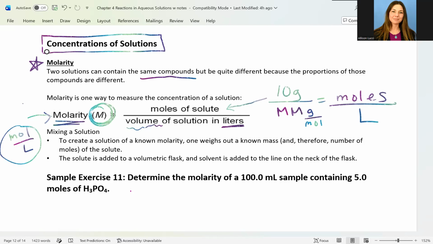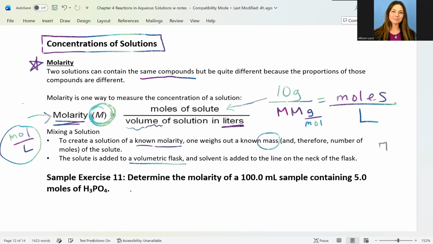And when we're mixing a solution, so we're dissolving a solute in a solvent, if we have a known molarity, so we want a specific concentration, we would weigh out a mass of our compound in grams, and then we would add that to a volumetric flask.